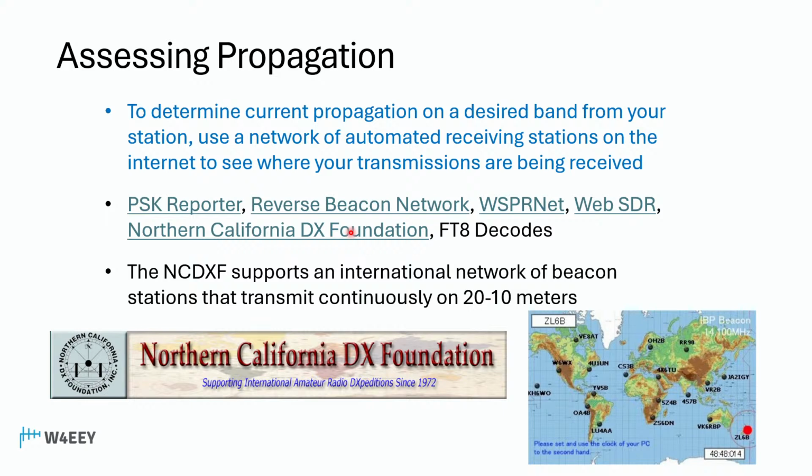So I can use VVV, the word test, and then my call sign. If I send that a couple of times, the reverse beacon network will pick that up any place it's heard in the world. Then I can log into their system and see where I was heard. So you don't necessarily need to know CW in order to send that message. You just set it up as a macro and then send it from your transmitter. So that's a trick you can use. The reverse beacon network is very powerful. A lot of features.